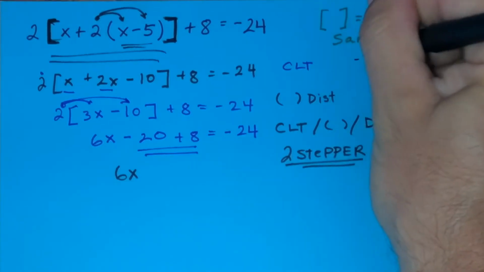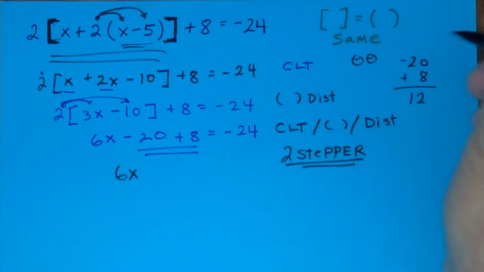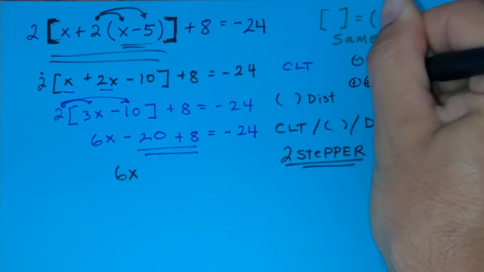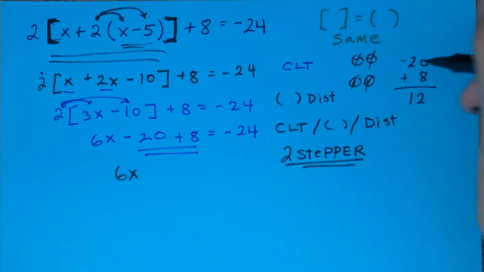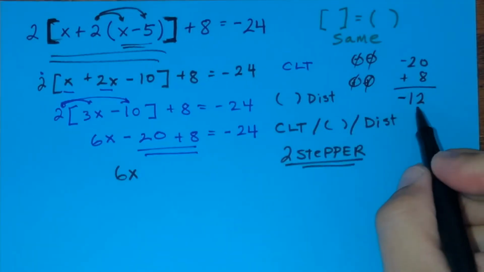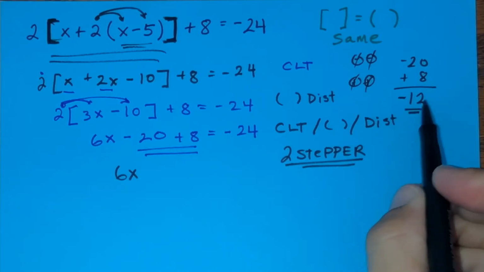So if I sat here and drew 20 negatives and 8 positives, we would find that at the end, canceling those, we would end up with a surplus of negatives. So that's a good math word, surplus. And so we have a negative 12.